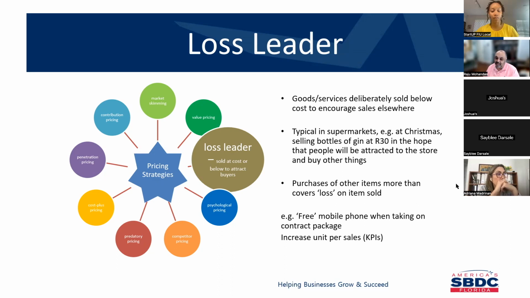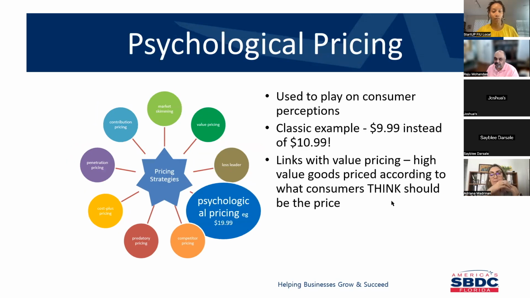It's usually done at Christmas, and we want to be able to sell some of the products that I'm not selling. Oh, we'll give you this with that. We'll give you this with that. And that's what you want to be able to observe. But the people who do that, they're using the loss leader strategy. That's exactly what they're doing. Okay.